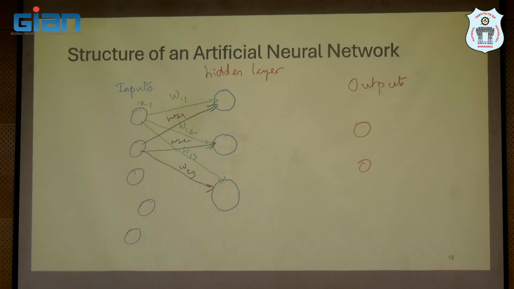Then there will be a nonlinear activation function within the neurocell, and the output of that will go to all the output entities in the output layer. So let us just use the same color. So you will have output going like this.